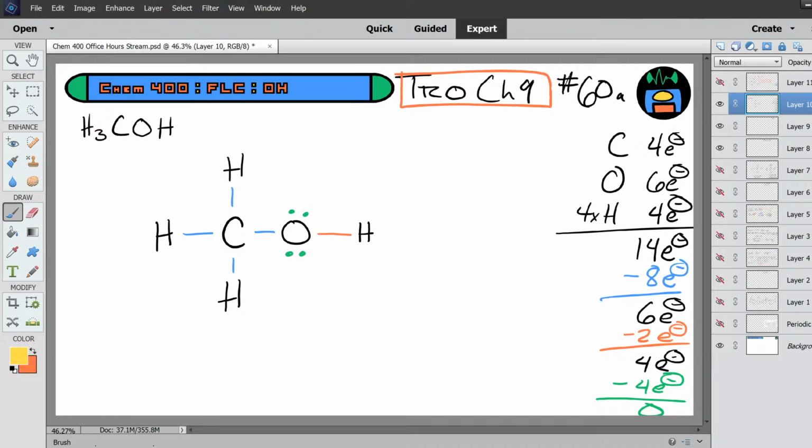And this is the Lewis structure for methanol, H3COH. So that is 60 part A.